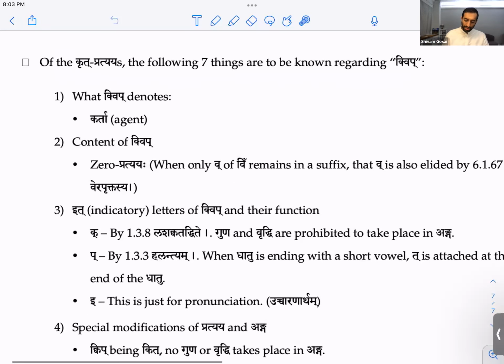This is also a kartari, so it denotes the karta. It's called a zero pratyaya. Zero pratyaya means that nothing remains. It comes and it disappears.